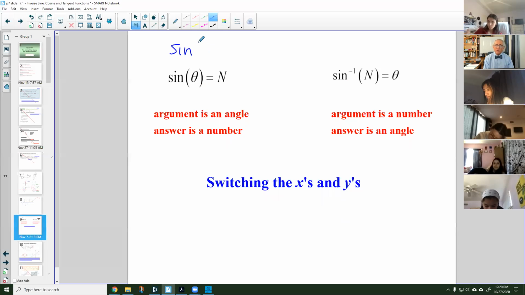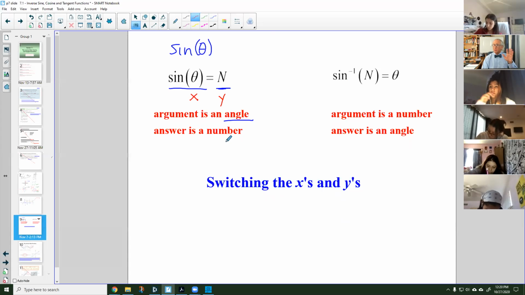In math class, this has to have an argument, and the argument of a trigonometric function is an angle. The argument is an angle, and then for an answer, we get a number. So this is equivalent to the x, our input value, and this is equivalent to the y, our output value.